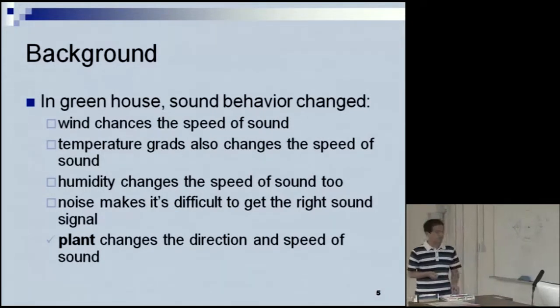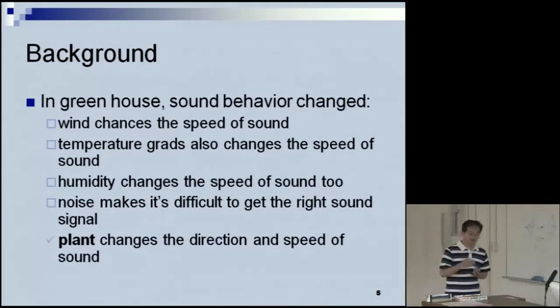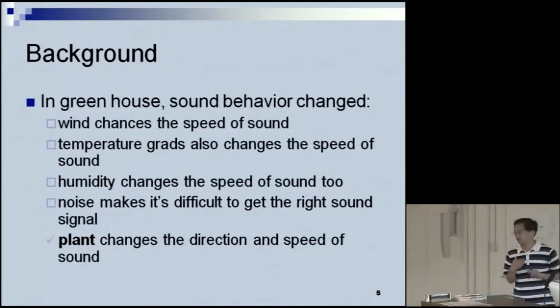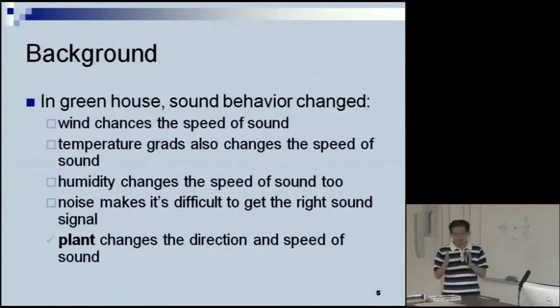So in my research, I want to focus on the last one, the ground. If there is something between the speaker and the microphone, the voice cannot come from me to the microphone directly. So the distance may be changed in calculation.